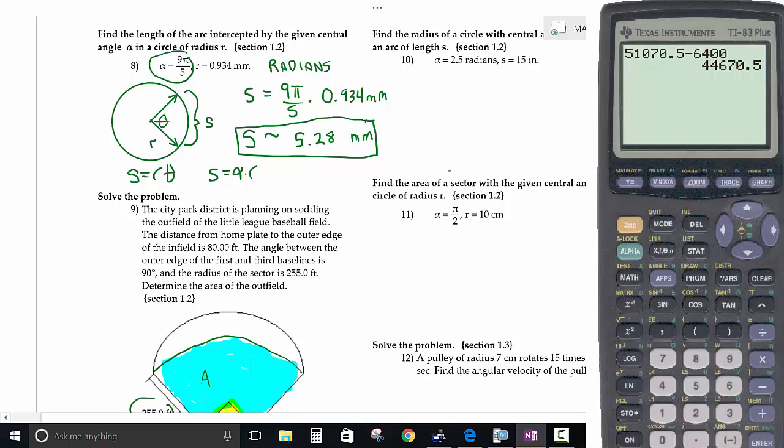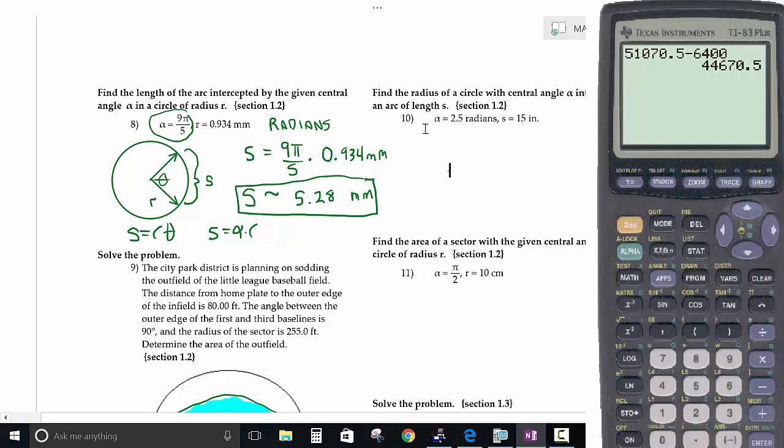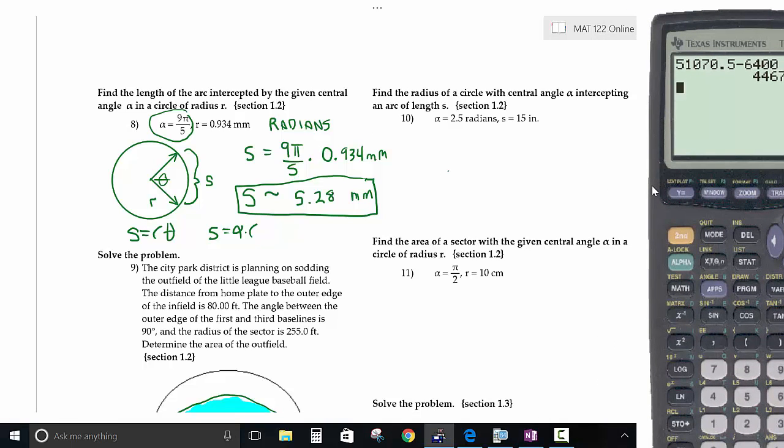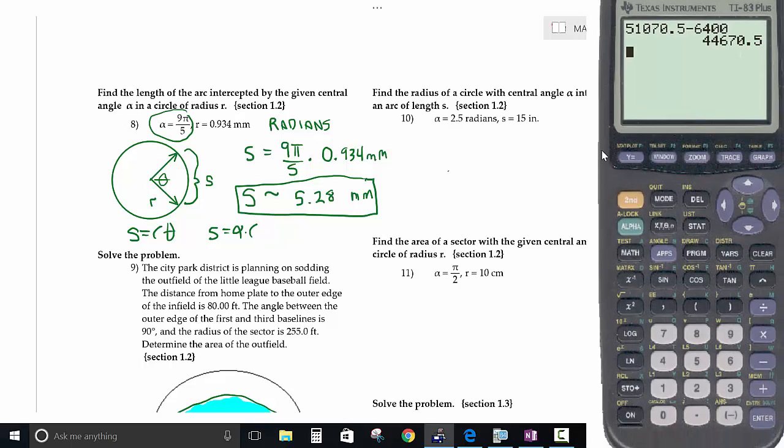And what you're doing with this one, really, is this problem says, find the radius of a circle that has a central angle intercepting an arc of length S. Okay, so what we're going to do is, really, this is an application, again, of this formula.